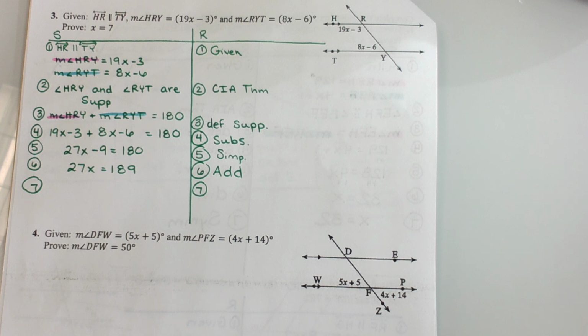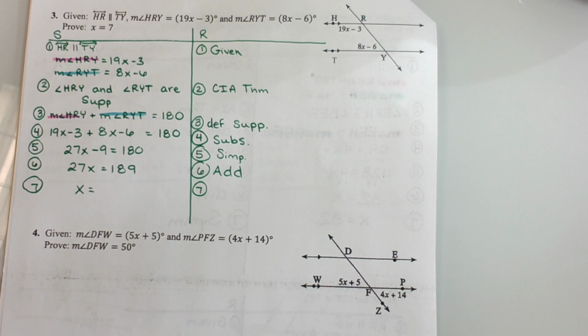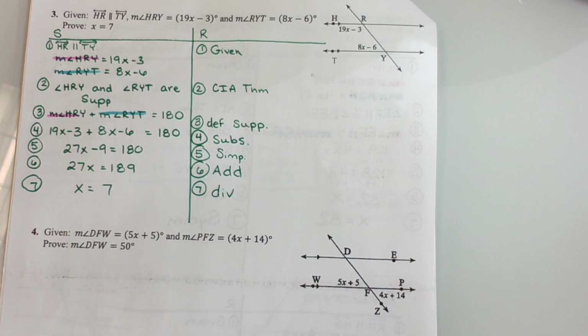I still gotta get rid of the 27 in front of the x. Divide. Divide by 27. X equals... It claims to be 7. Is it 7? Yeah. And that was divide.